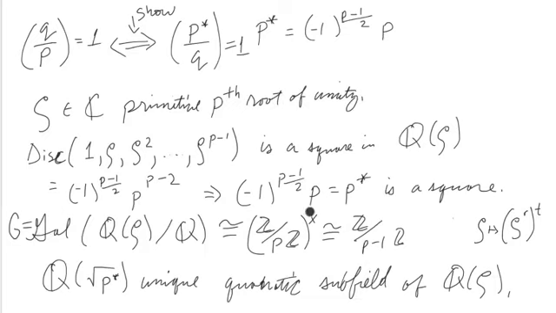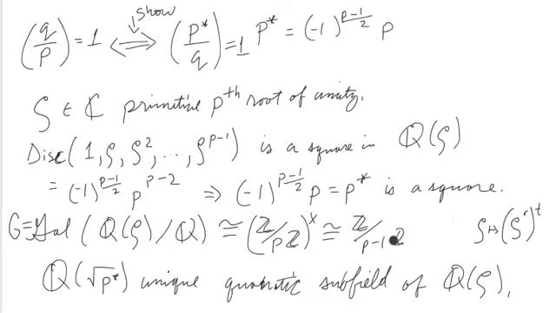The order of this multiplicative group is P minus 1, and it's cyclic, meaning that it has unique subgroups of indices that are factors of P minus 1. P minus 1 is even. It has a unique index 2 subgroup.